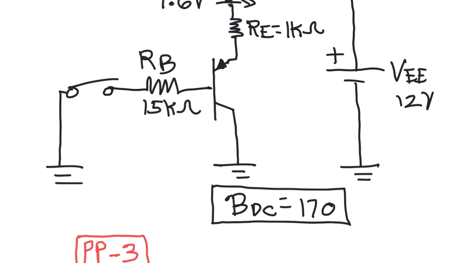Okay, number 3. Okay, again, close the switch, and then in that case, you tie the left side of RB to ground, which allows current to flow from the emitter to the base and get base current, and through the beta DC, you get the high collector current, and the LED comes on.